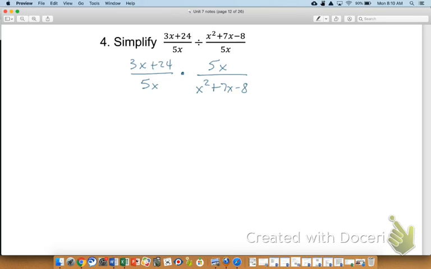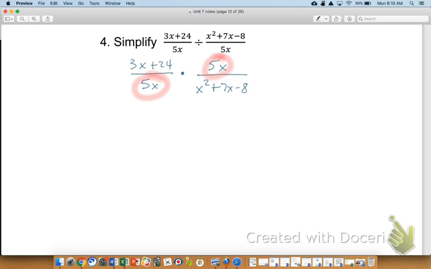But in order to be able to accurately and correctly reduce ahead of time, you must have factors. You must have factors. And right now up there, I only see a couple of factors. I would say that 5x has been factored, right? It's literally just 5 times x. Same thing, 5 times x. Those two elements are factored. But do you see how the other two elements are not?